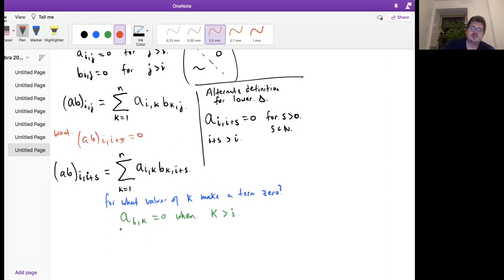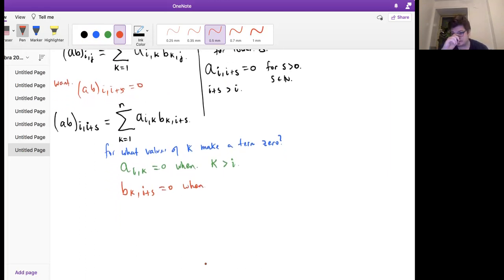How about for B_{k,i+s} equals 0, for what values of k? So remember, B is also lower triangular.